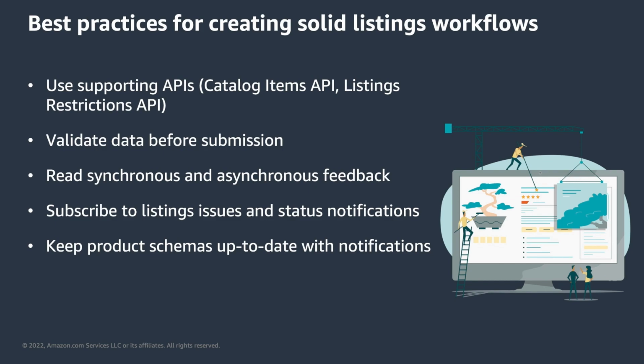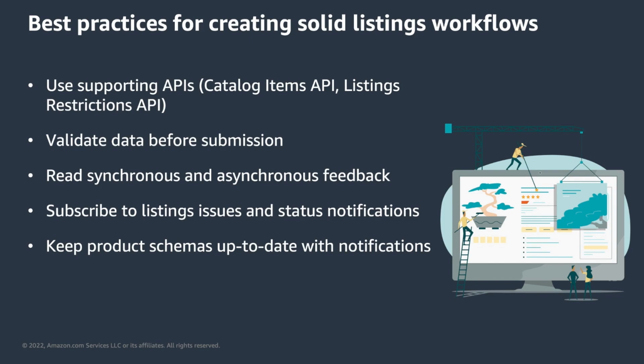Like we described before, the Listings API provides feedback in two ways: synchronously for issues preventing the acceptance of the data, and asynchronously for other errors detected in downstream processing. Make sure to read both using the API response and listings notifications. Their payload will give you information that will help you understand how to fix all issues accordingly.